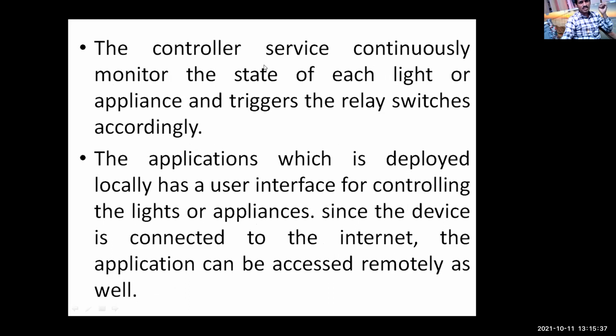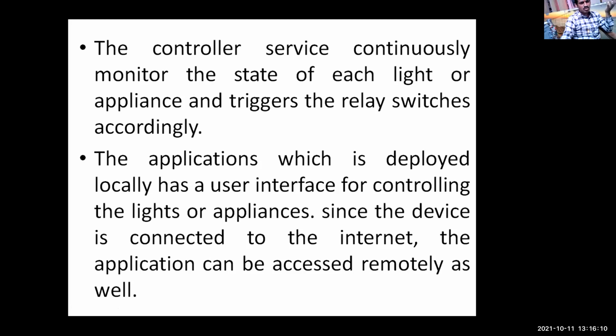The control service continuously monitors the state of each light. It monitors the status of the light or appliance and triggers the relay switch accordingly. A user wants to send information through the internet to turn it on or off. First, the control service continuously monitors the status of the switch.